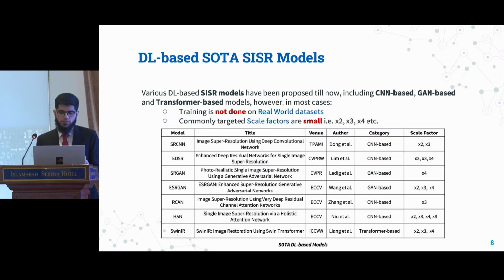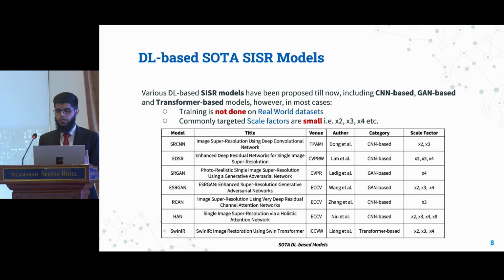So here are some of the state-of-the-art single-image super-resolution models. Although various models have been proposed, like CNN-based, GAN-based and transformer-based models, in most of the cases you can see that the training is not done on real-world data.